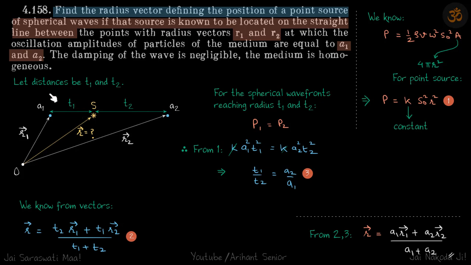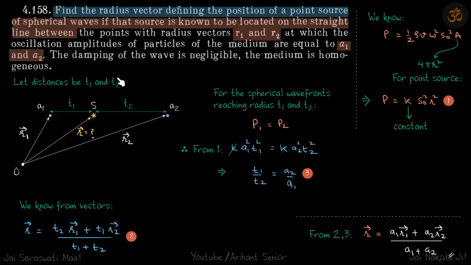So the power reaching at a distance t1 will be given by k into amplitude square, that is a1 square, into t1 square. So that's the whole power that's reaching for the whole spherical wavefront that's crossing the radius t1.